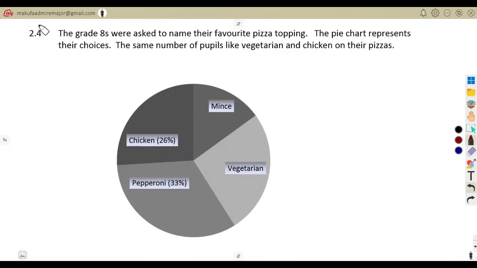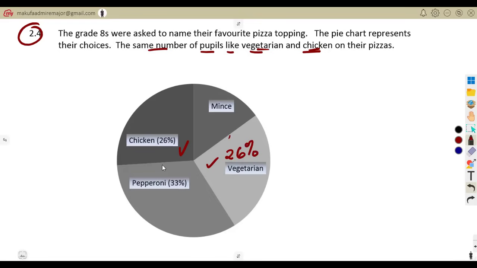On 2.4, we are given that the grade A's were asked to name their favorite pizza topping. The pie chart represents their choices. The same number of people like vegetarian and chicken on their pizzas. So take note there. Meaning to say, for the parts of chicken and vegetarian, we have got the same number, which is 26%, according to what we're given.